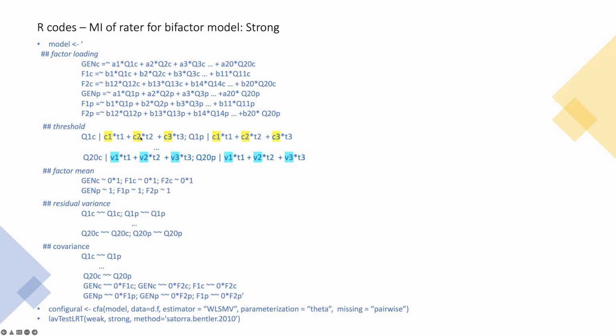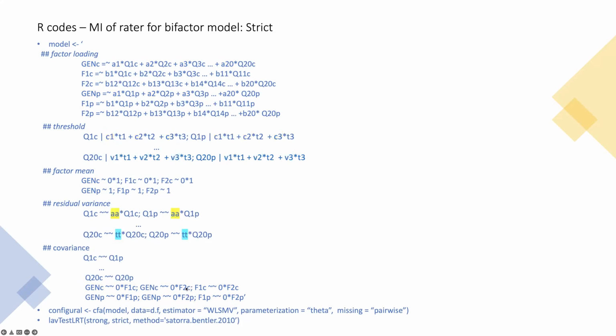The thresholds are to be the same for each question between parent and child, and everything else stays the same. Then you do a lab test to compare. Once you establish strong invariance, you move on to strict, which is the same as before, when you restrict the residual between each question between the parent and child to be the same.